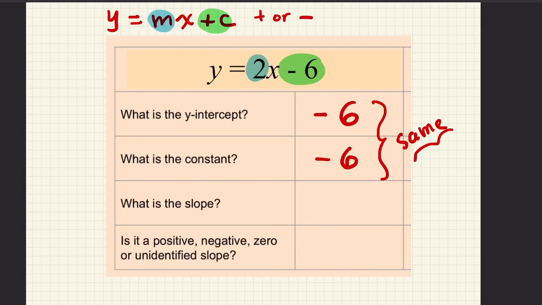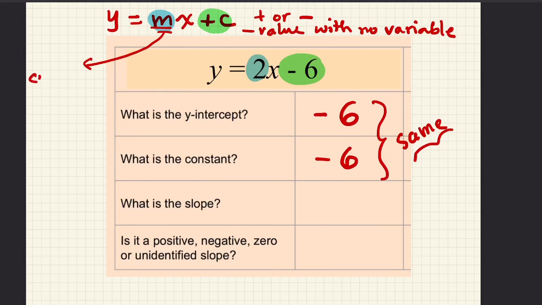So constant is the value with no variable, just as a reminder. And the slope, or m, is the coefficient of x. That means it's the value before the x variable.